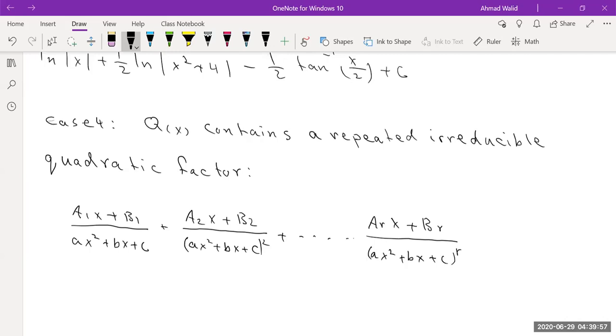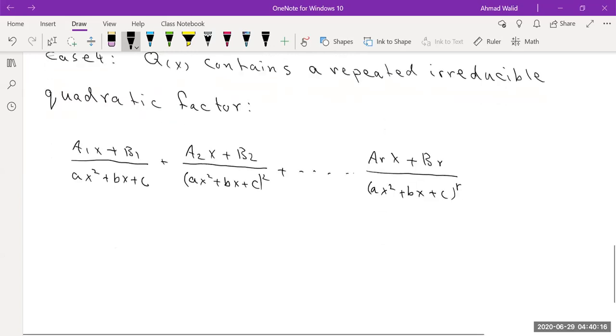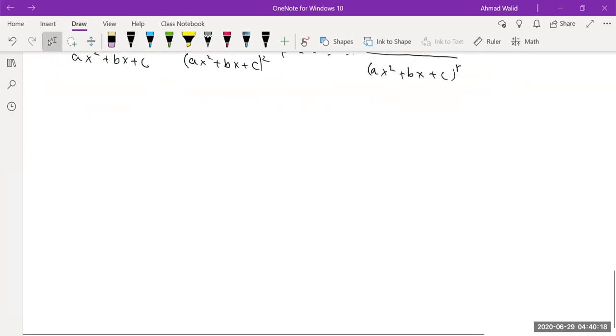Definitely r. It's a general form, right? If you have only a square, it means you use this part. If this power is 3, it means you have 3 denominators, correct? But basically, it's the same as case 2. The only difference is that your denominator is an irreducible quadratic factor.